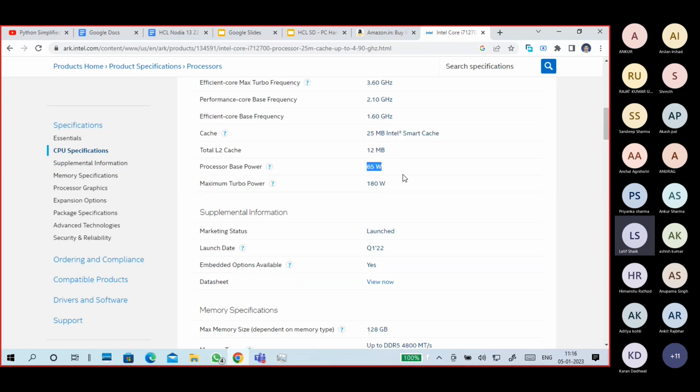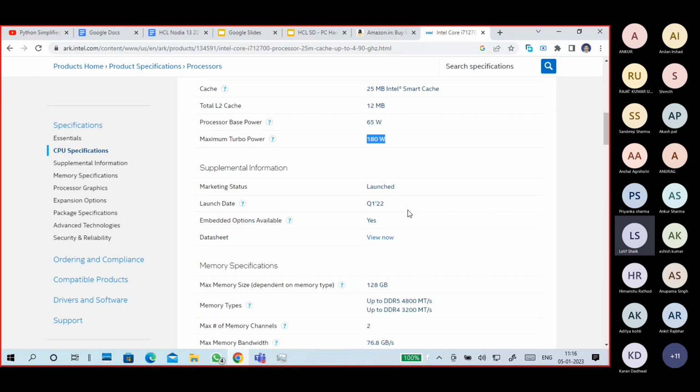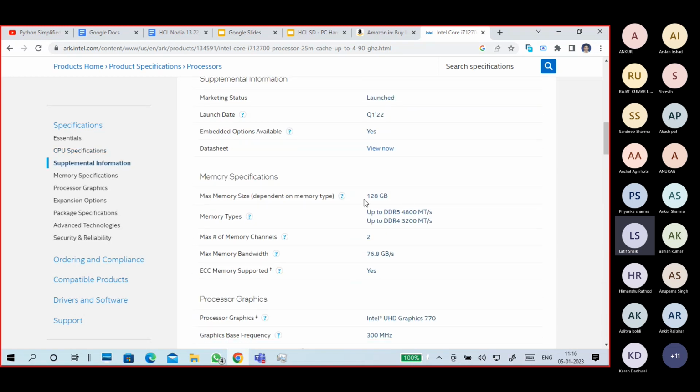It is a 65 watt processor. Maximum turbo power is 180, which means you need a big SMPS, and it supports 128 GB total RAM capacity. Up to 128 GB RAM you can use if you take this processor.